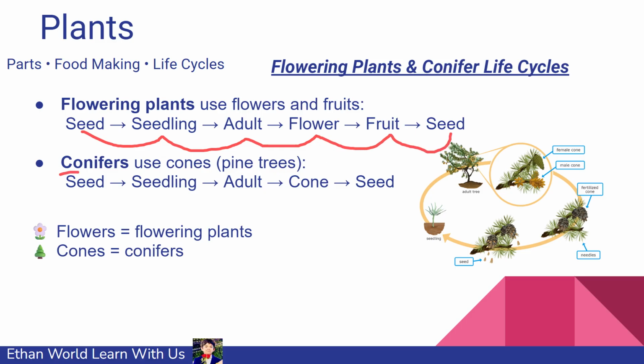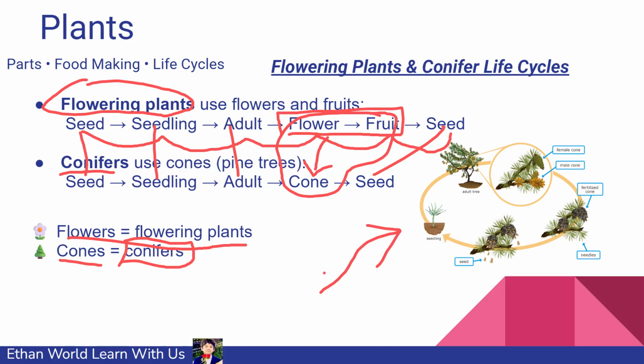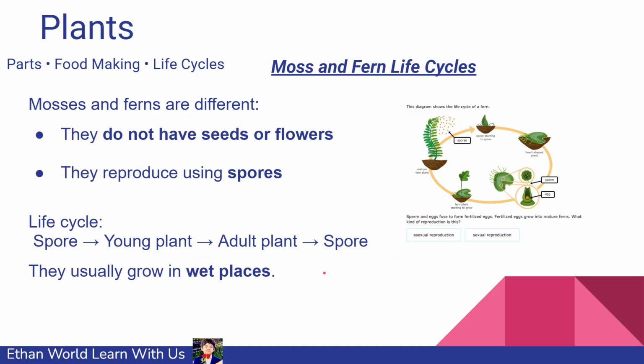While the conifer keeps everything from the flowering plants, but just replaces the flower to fruit and turns it into cone. As you see, seed, seedling, adult, seed. Just this part is different. Flowers equal flowering plants, and when someone says cones, you know it's conifers. Here is a conifer / flowering plants.